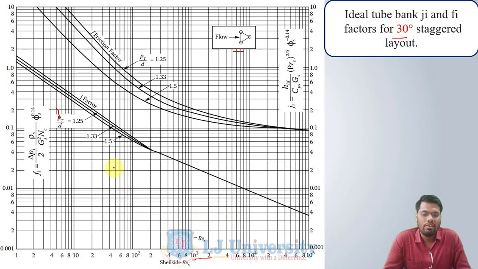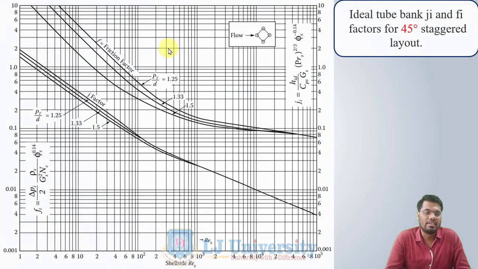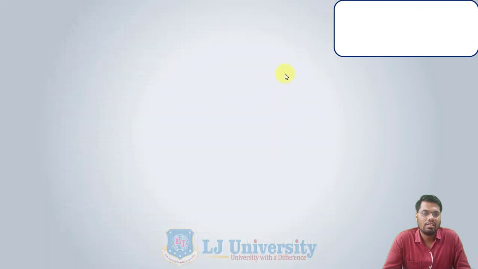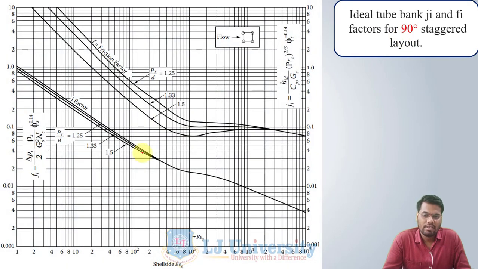You can get the value of the J factor from the Reynolds number, as well as the value of the friction factor to find the pressure drop at the shell side. For 45 degree, this is another graph, and the same for 90 degree, this is the graph from where you can get the value of J and the friction factor to calculate the heat transfer coefficient as well as the pressure drop.